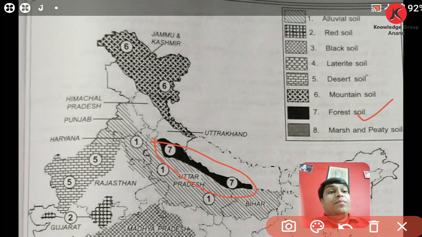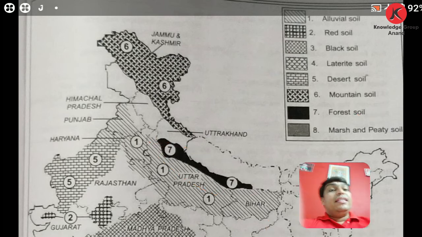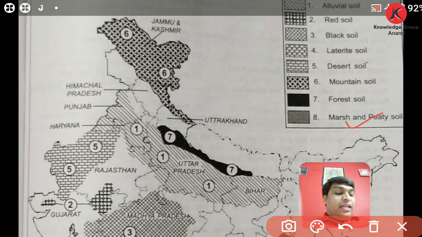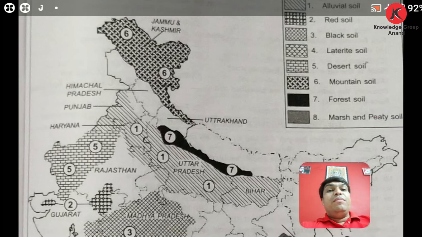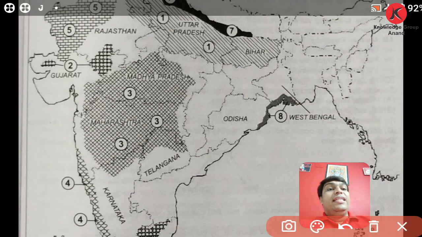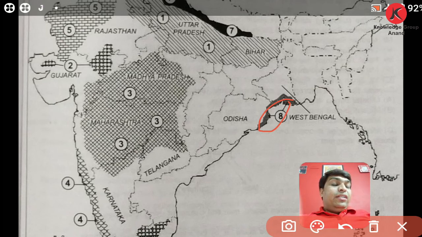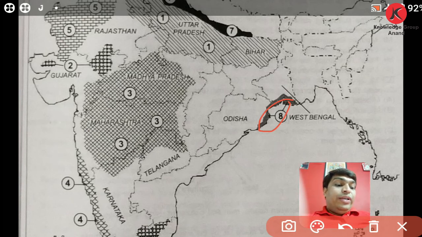Now friends, the last one, that is the marshy and peaty soil. When we talk about this marshy and peaty soil, you can see this region over here, this marshy and peaty soil area. This soil develops mostly in the humid region due to the accumulation of biotic elements during the rainy season.